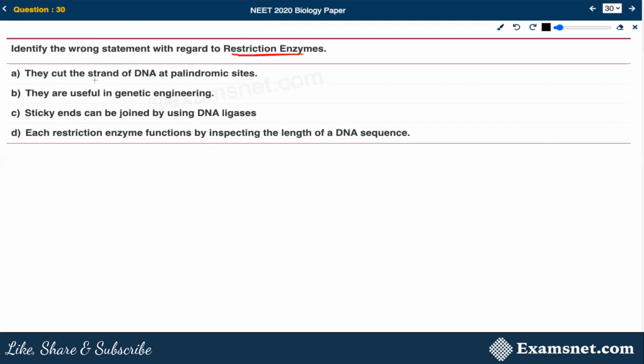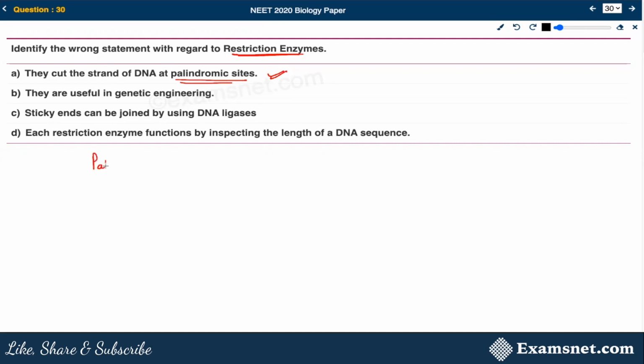The first statement says that they cut the strand of DNA at palindromic sites. Yes, this is the correct statement, because palindromic sites are those sites which you will read either from the right side or from the left side, and it will remain the same, like Malayalam. So yes, restriction enzymes cut the strand of DNA by recognizing the palindromic sites.